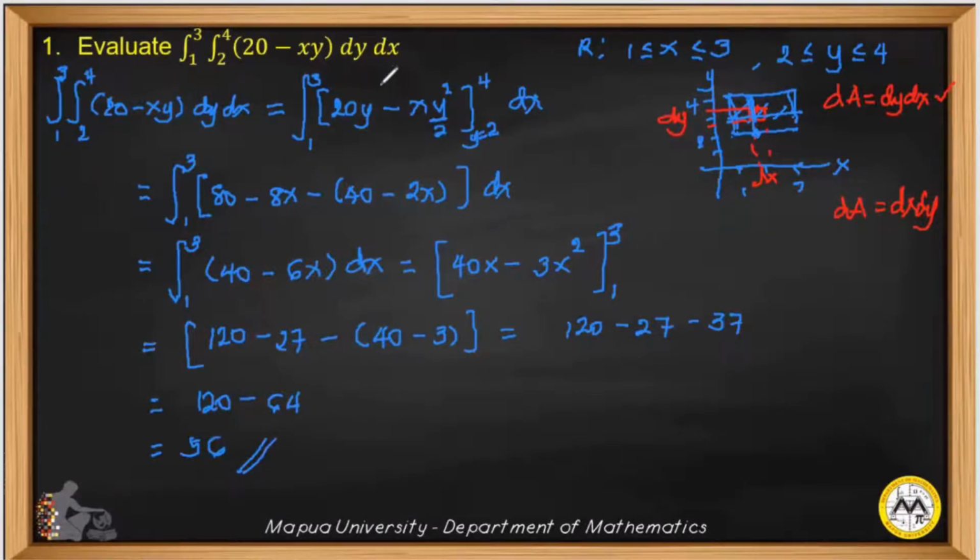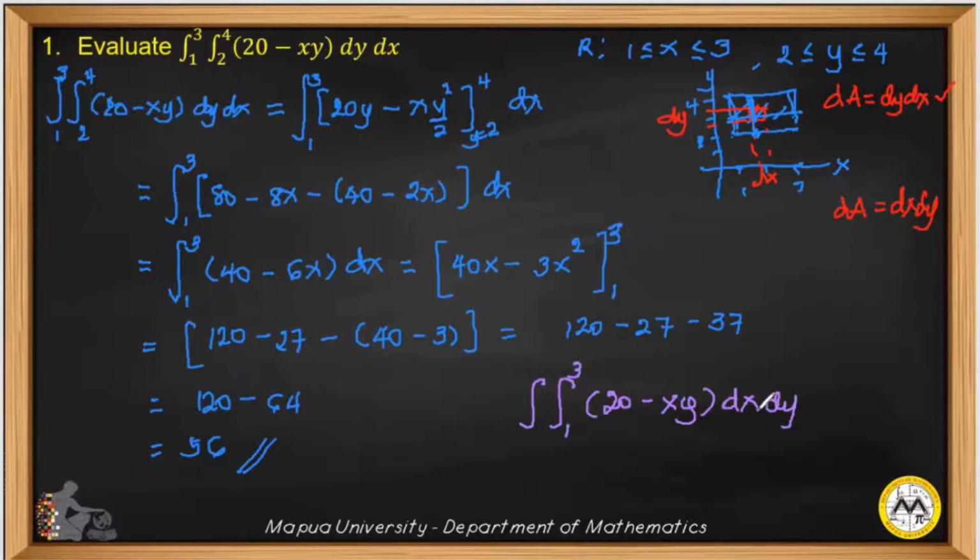Instead of evaluating the integral in the order dy dx, then we can also evaluate it in the order dx dy, or the differential of A is dx dy. Hence, if we will do that, then we have the double integral of (20 - xy) dx dy, where x will go from 1 to 3.